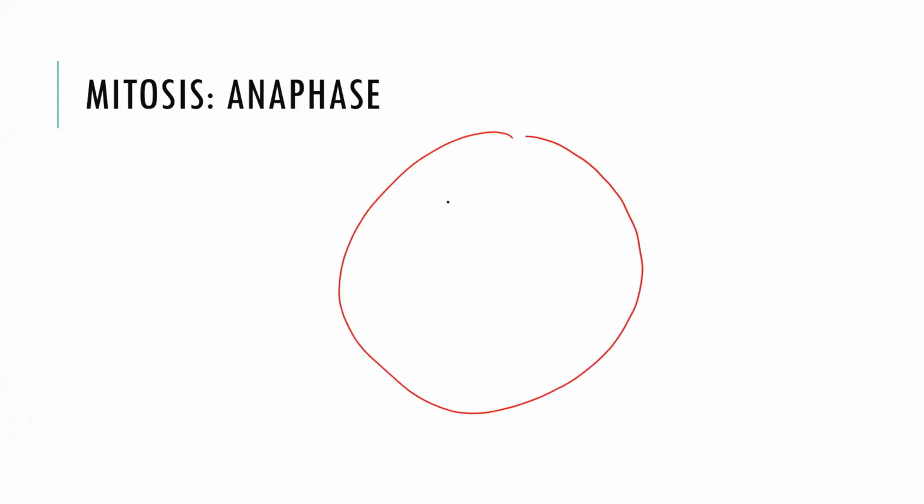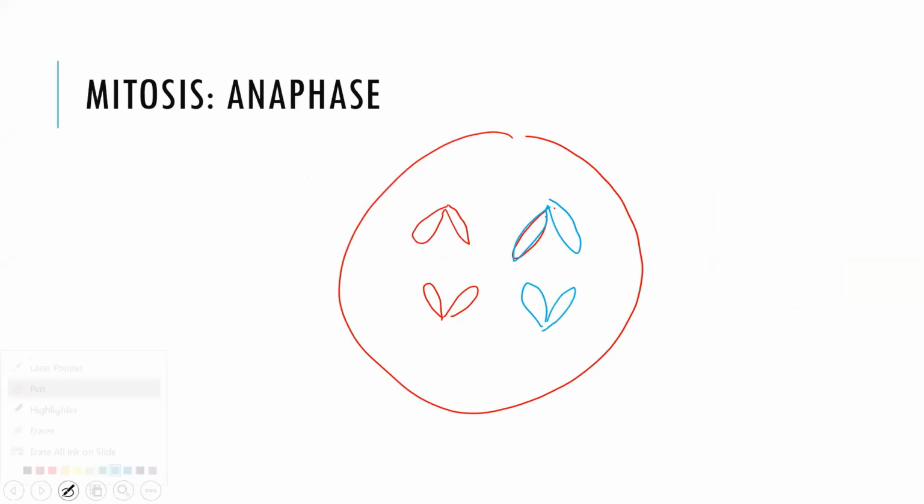During the anaphase, the centromeres divide. And the two sister chromatids separate. The sister chromatids get separated and they move to the opposite poles as chromosomes. Now, after they are separated, they can be called chromosomes.